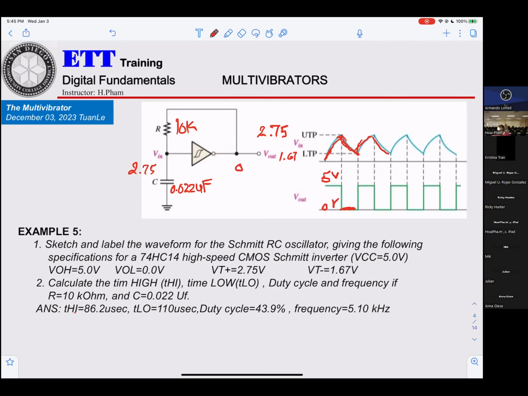T high means you calculate the voltage going on the capacitor from here to here. And T low means the voltage from here. T high and T low. Let's see.